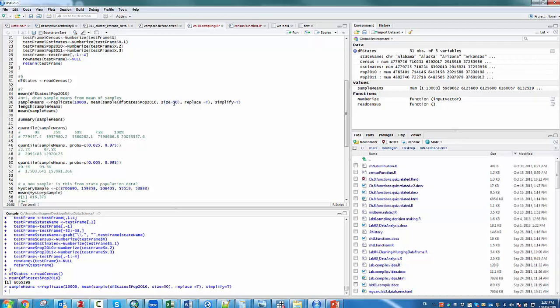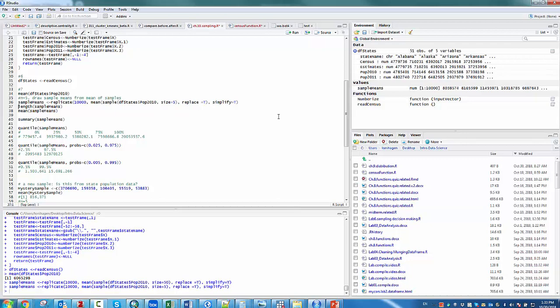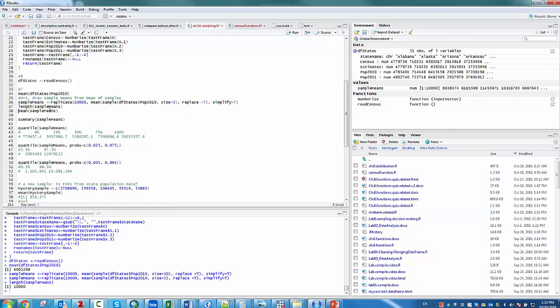You can do either 5 or 50, but 50 is close to the population, so there's a reason I'm drawing 50. Okay, let's go with 5. Then let's double check how many sample means you created. You have created 10,000, which you have written here.